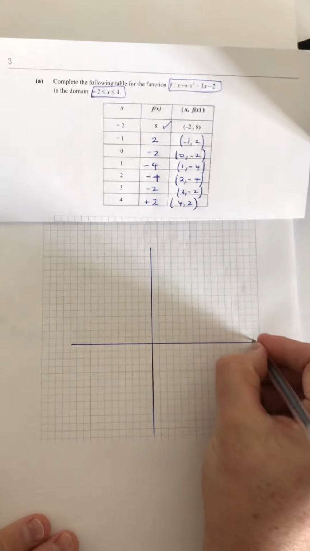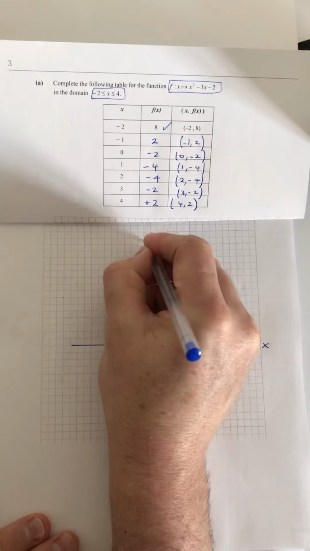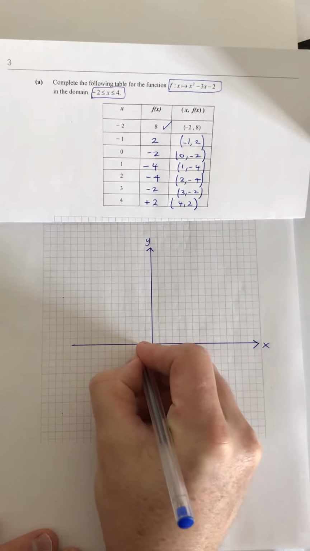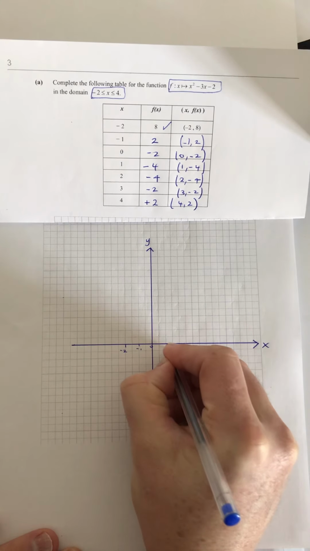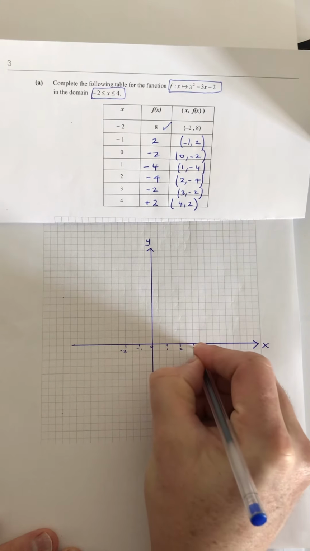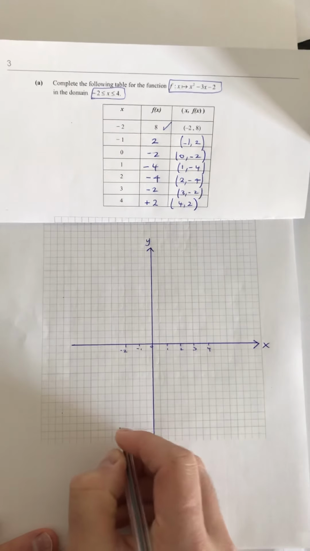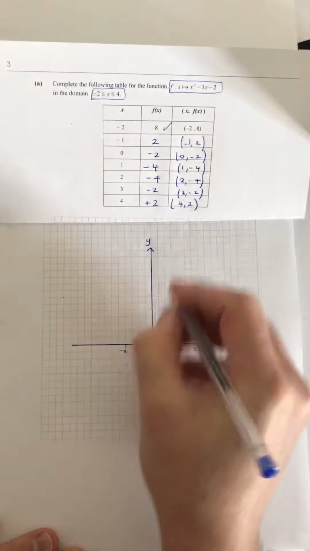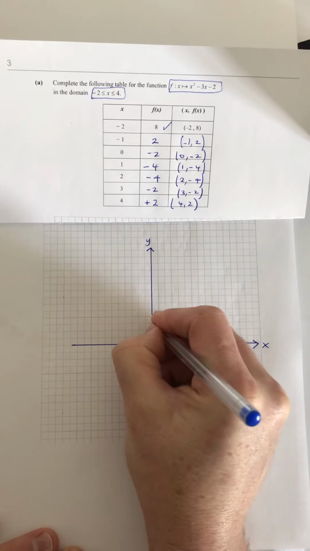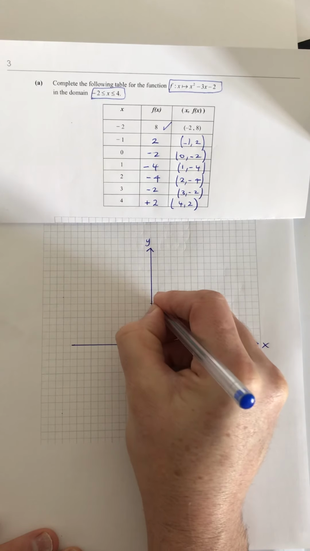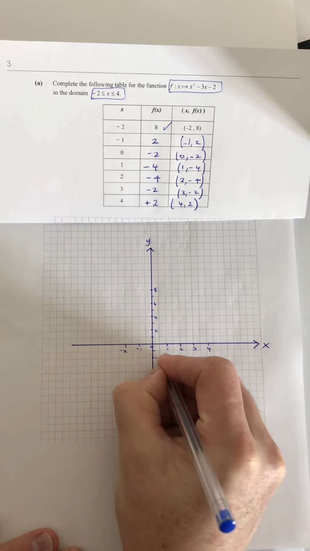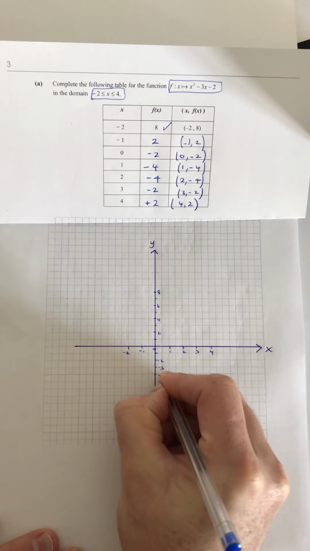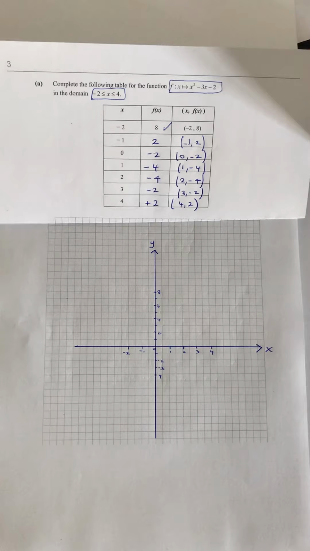So our x axis, our y axis, minus 1, minus 2, 1, 2, 3, and 4. We need to get up as far as 8. So 1, 2, 3, 4, 5, 6, 7, 8, and down to minus 2, minus 3, and minus 4.